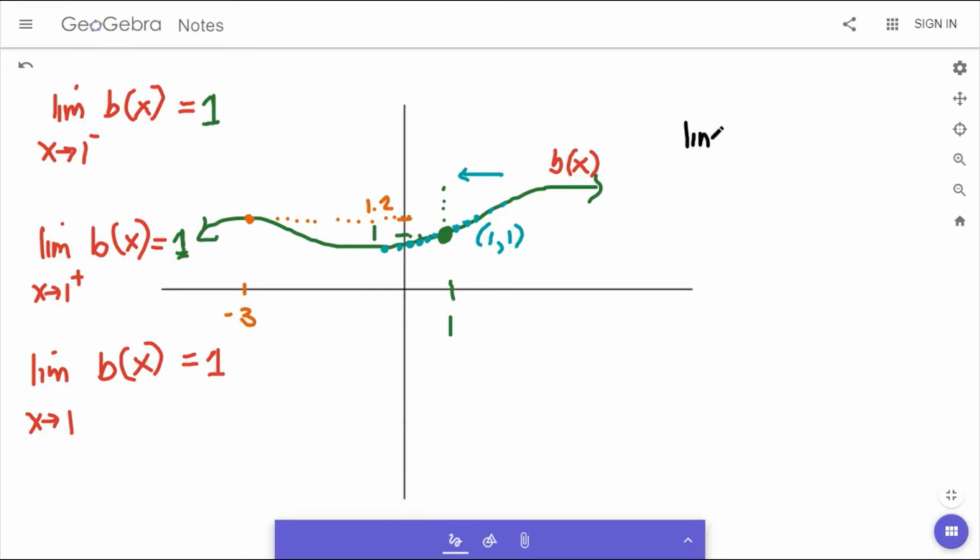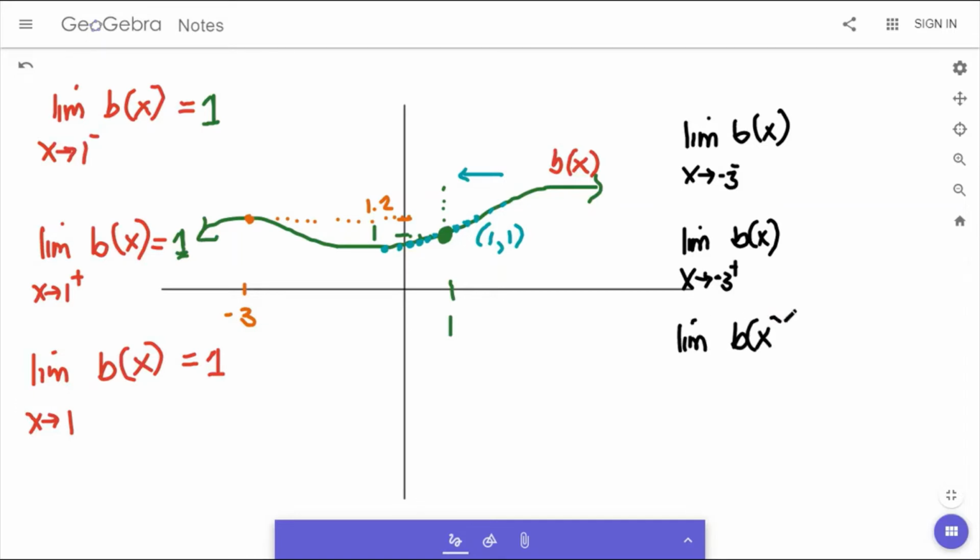What is the limit of b of x as x approaches negative 3 from the left? Limit of b of x as x approaches negative 3 from the right? And what is the limit of b of x as x approaches negative 3? And I'm giving you just 10 seconds to comment your answer.